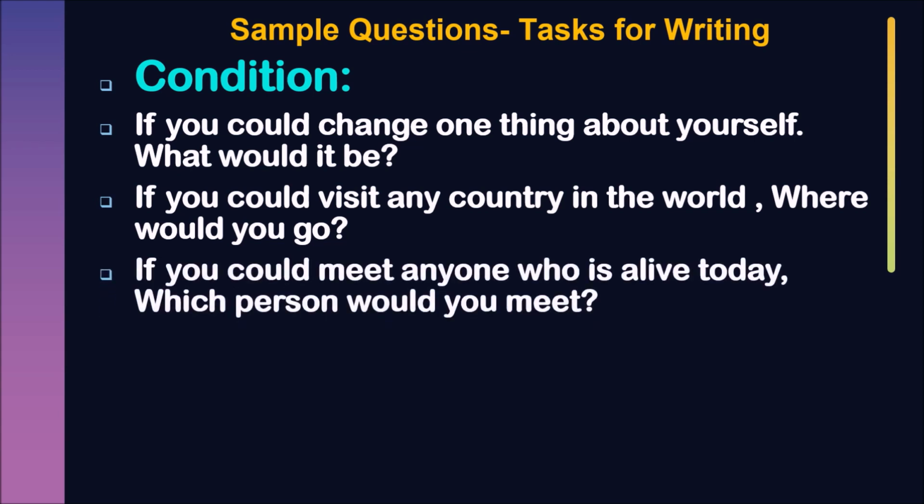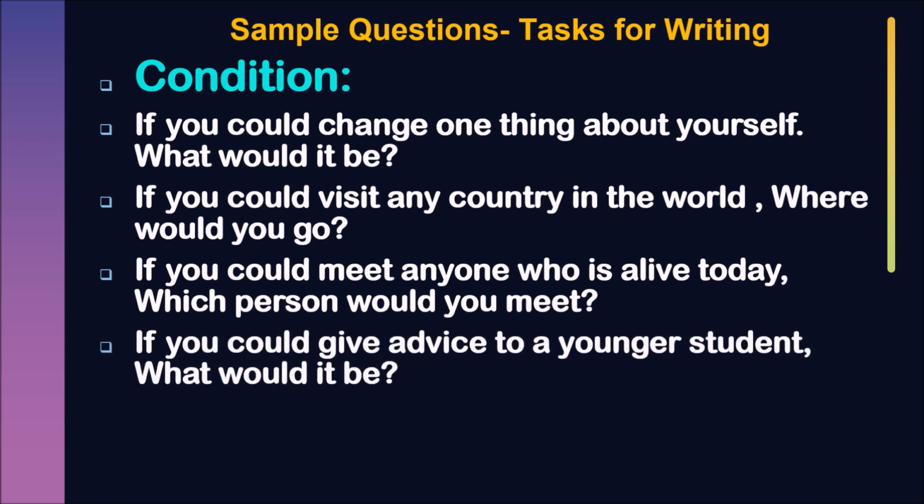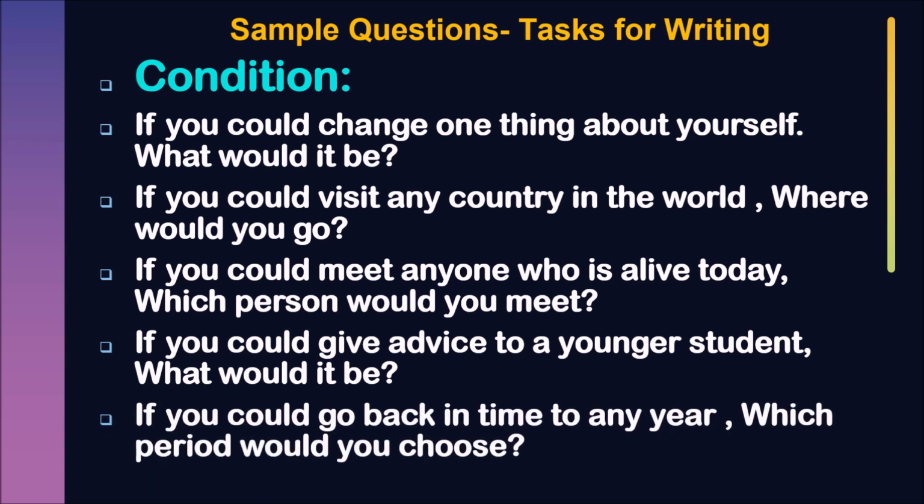If you could meet anyone who is alive today, which person would you meet? If you could give advice to a younger student, what would it be? If you could go back in time to any year, which period would you choose? Well, these are some of the interesting questions that you can give to your children for practice.